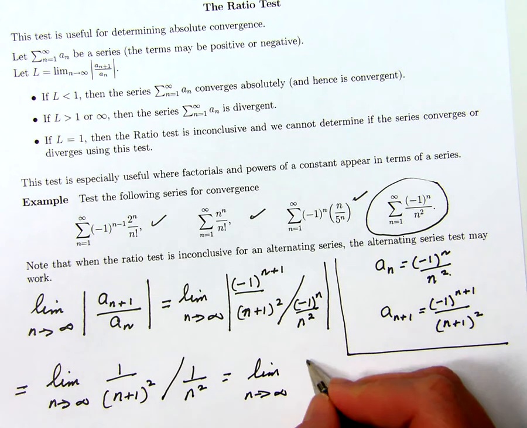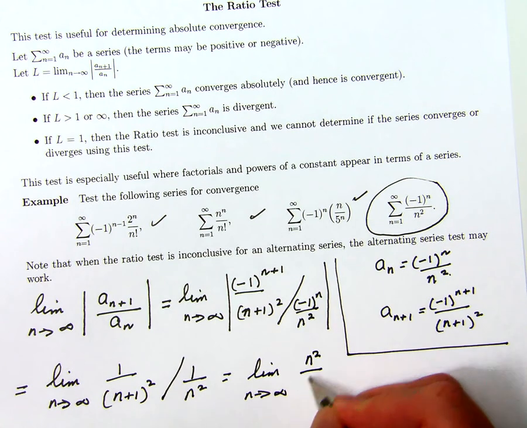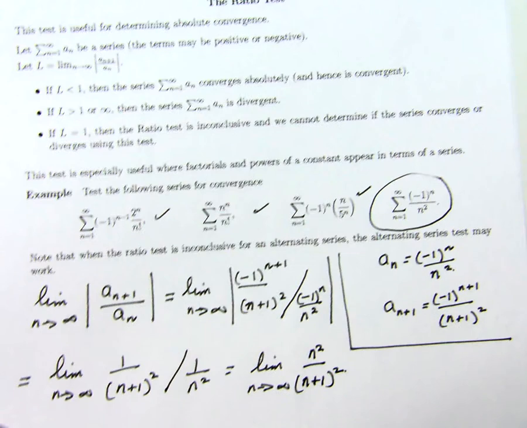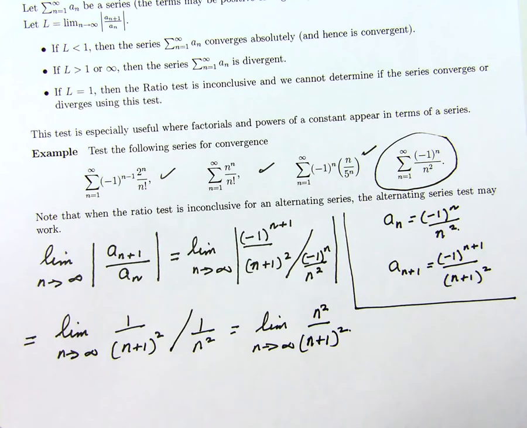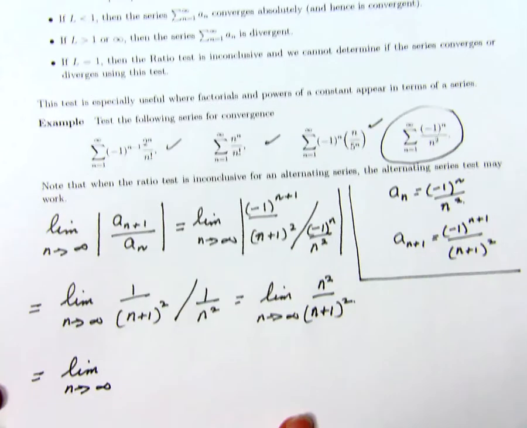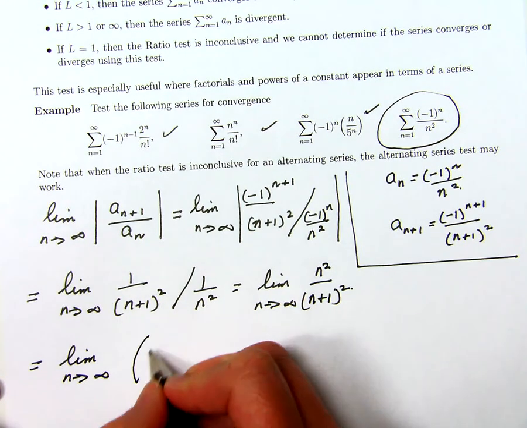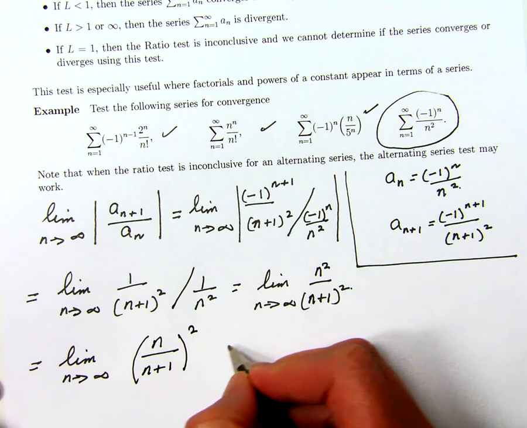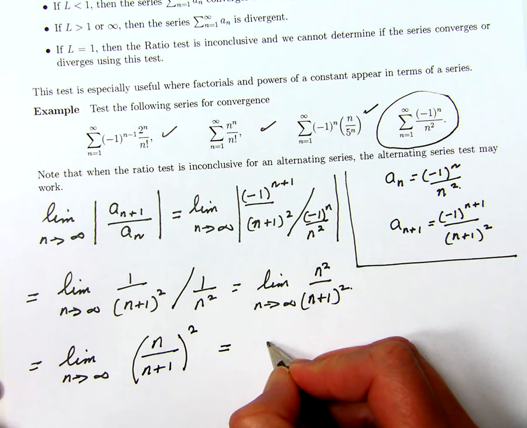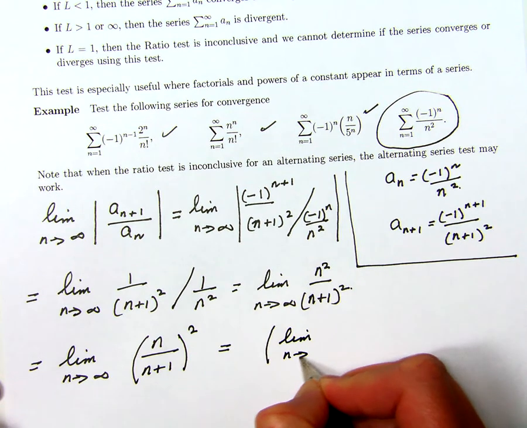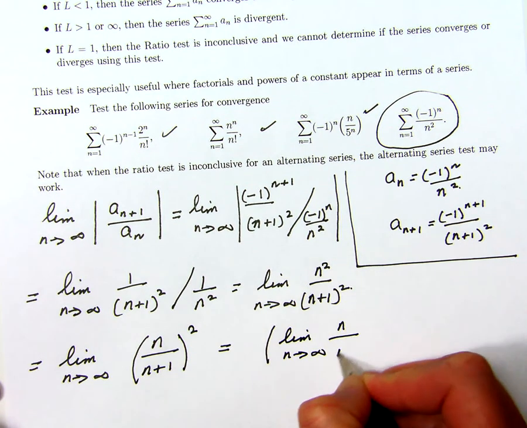I invert this fraction and I get n squared over (n+1) squared. Now the square function is continuous, so this is the limit as n goes to infinity of a single square of n over n+1, and because the square function is continuous, that's equal to the limit as n goes to infinity of n over n+1, squared.